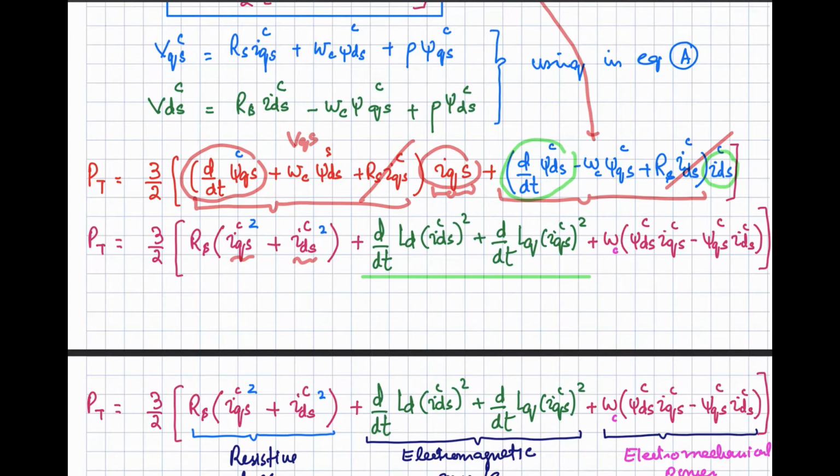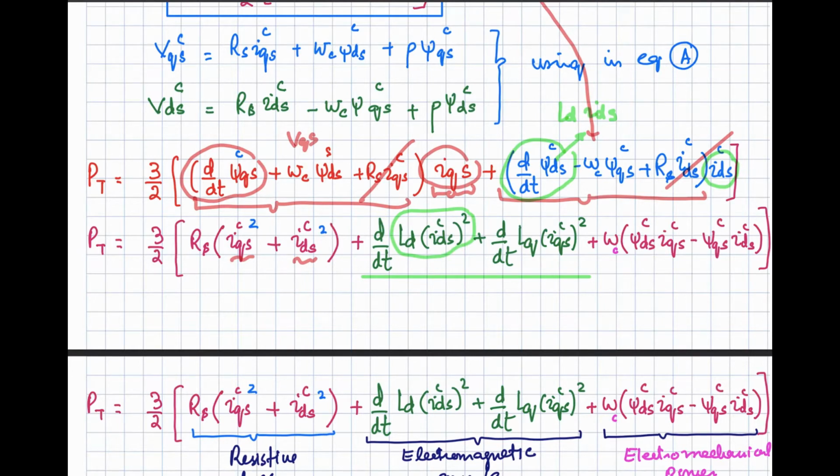How to write it like this? Just consider this phi DS. What is this phi DS? That is the product of the D axis inductance into the D axis current. So when it is multiplied with IDS, you are going to get the square, LD into IDS square, this term.